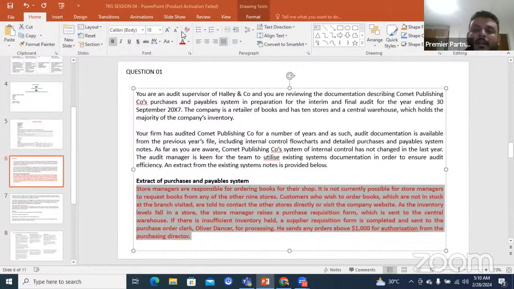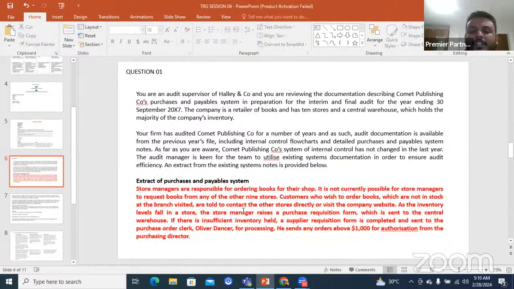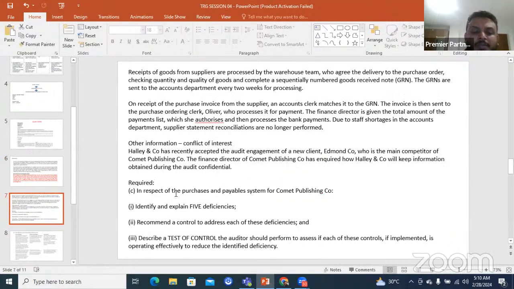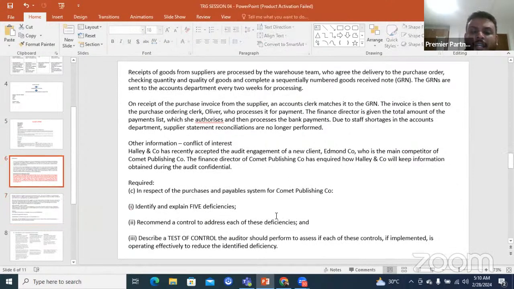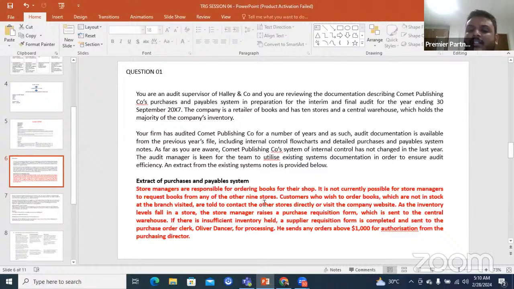Fine. I gave only this paragraph, take only this paragraph. From this paragraph, I'll give 5 minutes to type the deficiency, the recommendation and the test of control. They ask us for deficiencies, their control and test of control. Take at least one issue within this red color paragraph. Type one deficiency, one recommendation, one test of control.